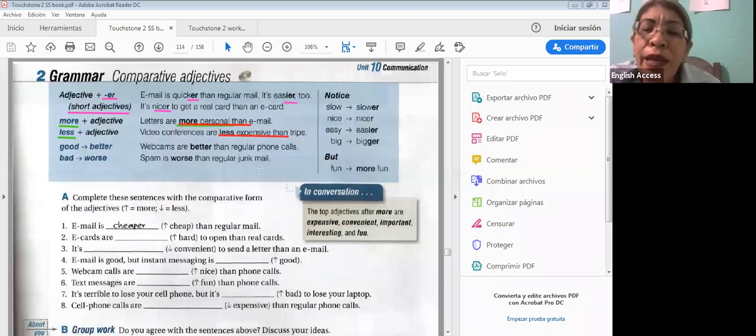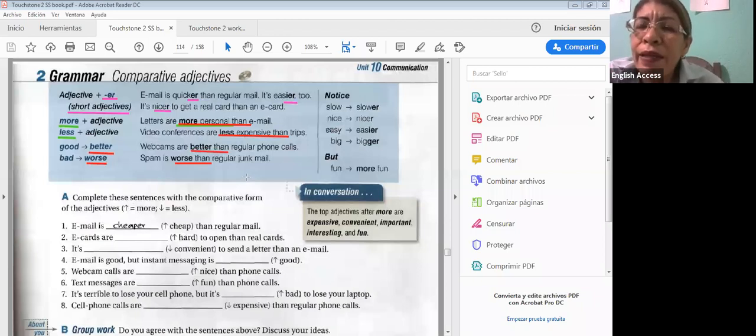And here it says we have some exceptions. For example, good, we don't say gooder. The comparative of good is better. The comparative form of bad is worse. Webcams are better than regular phone calls. Spam is worse than regular junk mail.